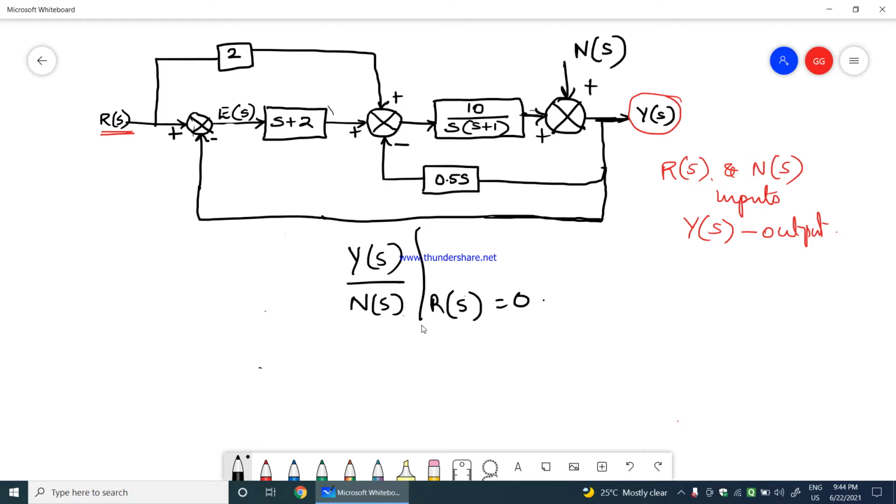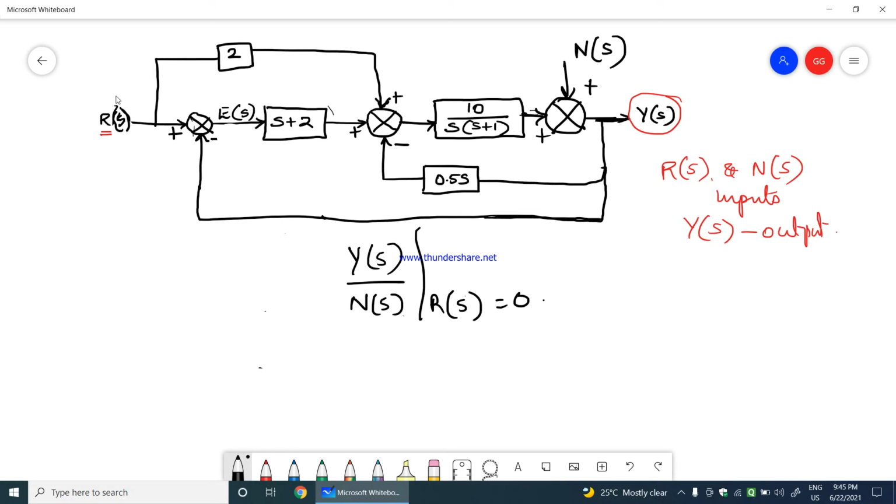Okay. Now let's see what is Y of s by N of s when R of s is equal to 0. Now when R of s is equal to 0, this 2 is getting multiplied by R of s, and then it is given to this particular summing point.